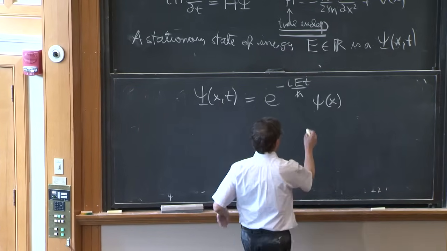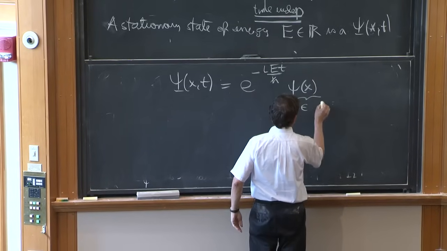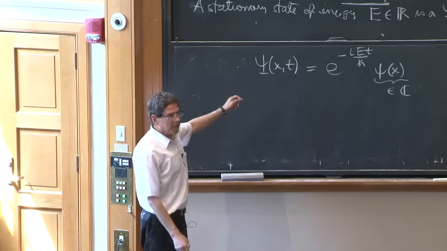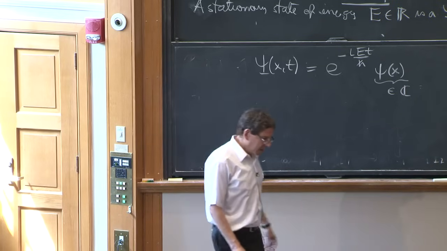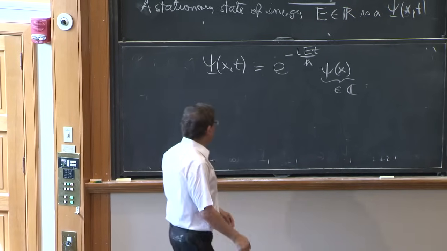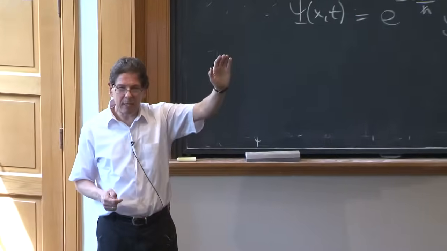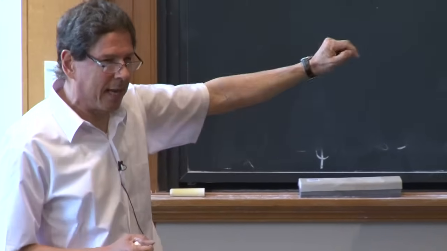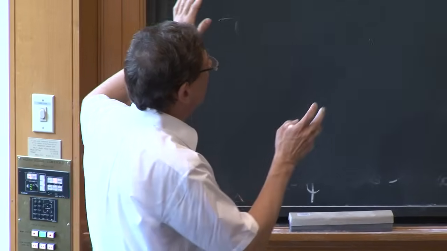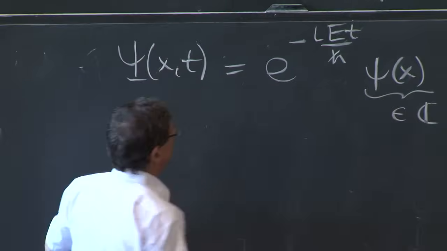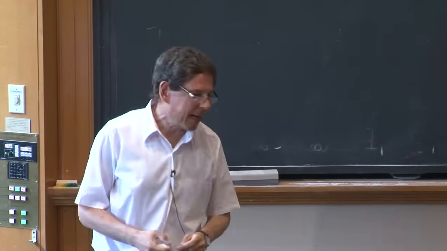So this also belongs to the complex numbers, but doesn't depend on time. It's called stationary because, as it turns out, when we compute expectation values of any observable on this stationary state, it will be time independent.